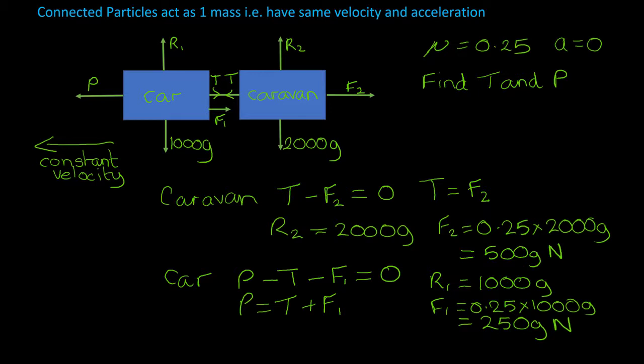And so our power, our P force rather, is going to be 500 G newtons plus 250 G newtons. So altogether that's going to be 750 G newtons.